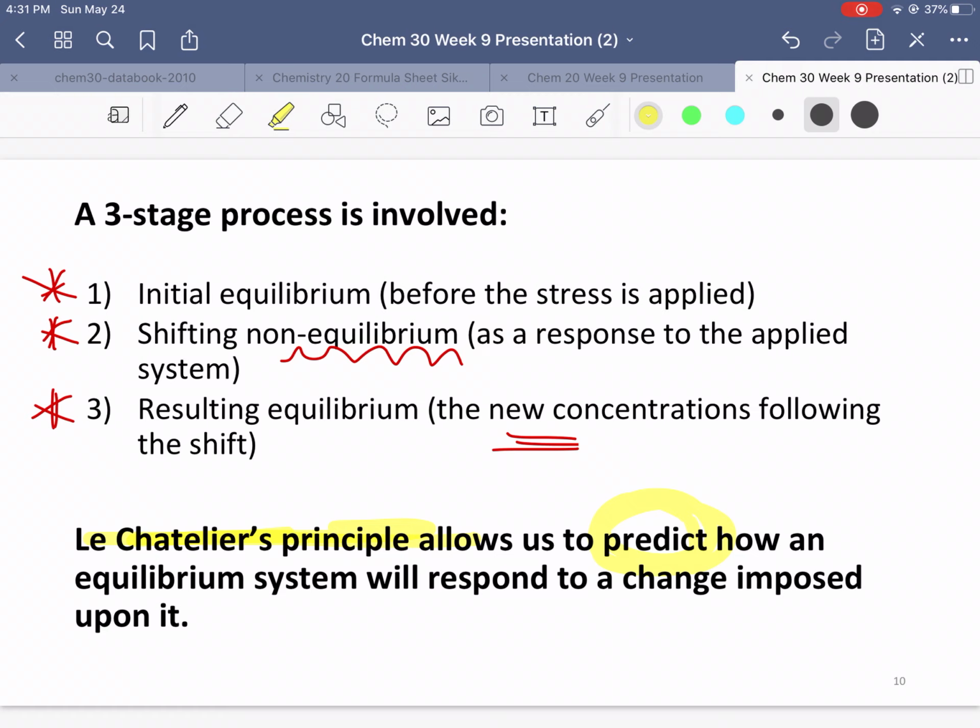So even with the demonstrations from the previous podcast, we could say, okay, what will the system do, for example, when I add chloride ions to it? Oh, naturally you added chloride ions, the system wants to get rid of the chloride ions because that's the opposite. How does it do that? By reacting them away and favoring the forwards reaction.